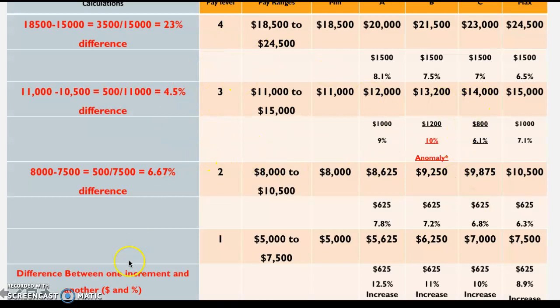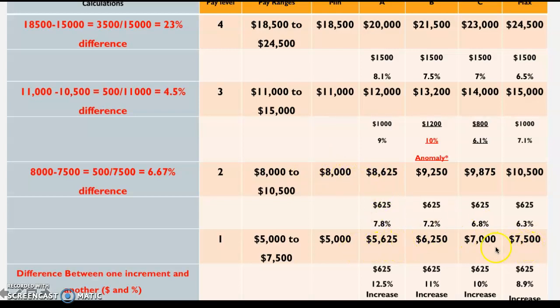All right, so this is the table. Let's start here and look at the calculations and the pay level differences. What a lot of y'all did was look at the difference between the minimum of level 1 and the minimum of level 2, which is fine, but it's much more important to look at the difference between the maximum of level 1 and the minimum of level 2, because that's a movement that's going to happen.